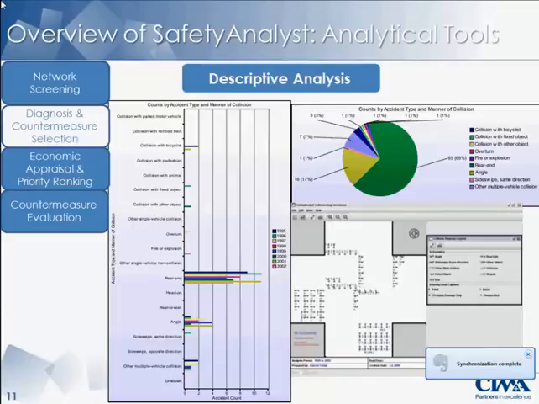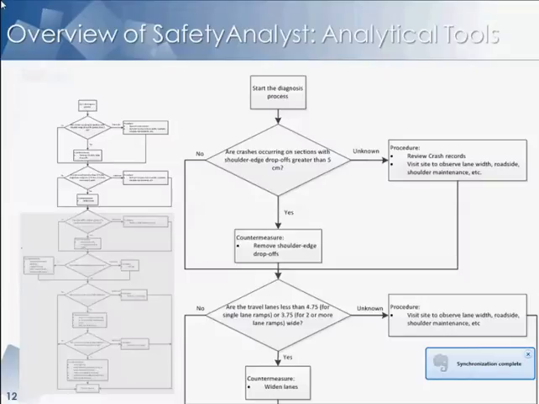So it helps you identify the collision pattern. And then these are the diagnosis scenarios that I was talking about. They are usually big. They were developed based on human factors and geometric design by very experienced people in human factors and geometric design and road safety.